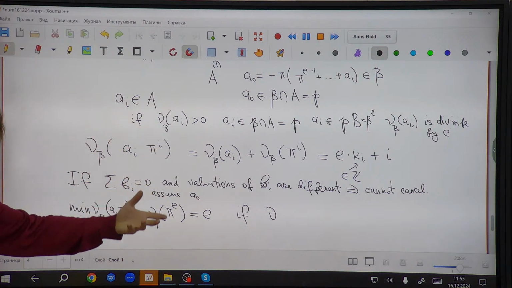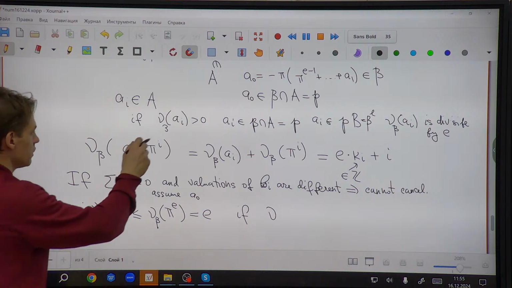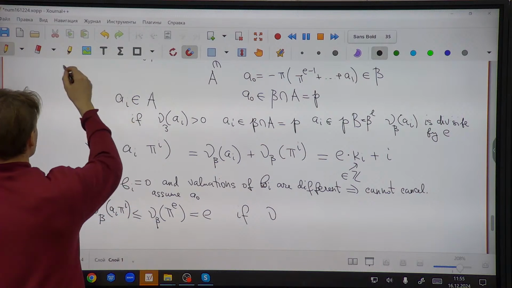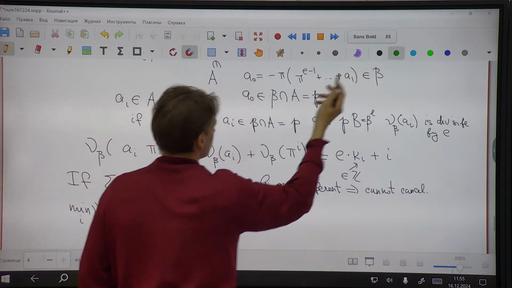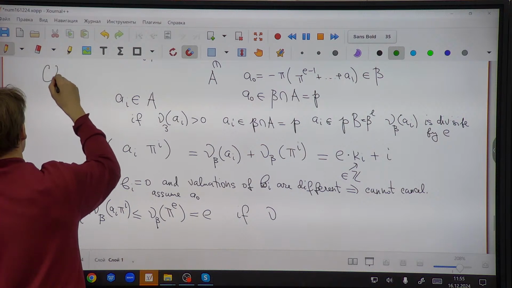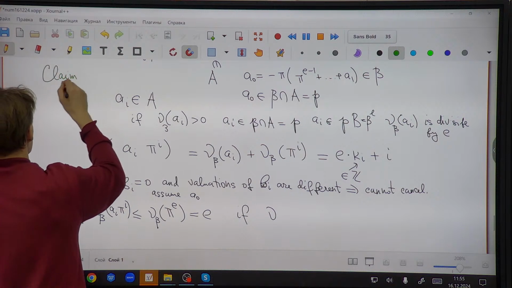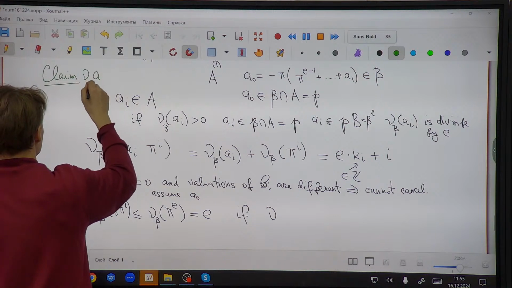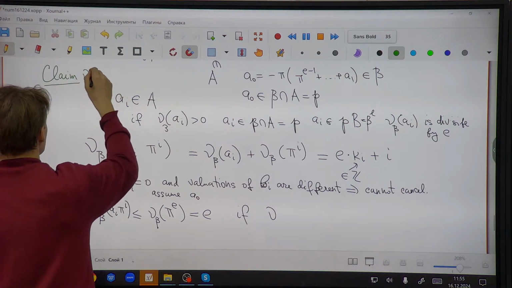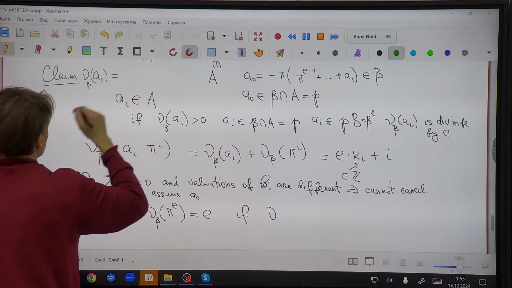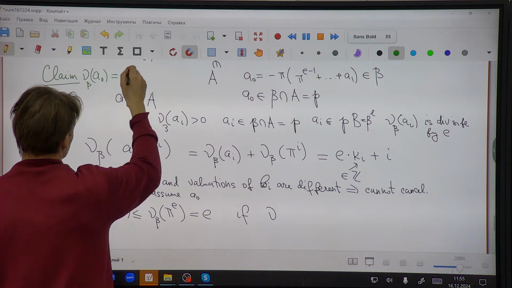I want to prove that it is an Eisenstein polynomial. Let me write the claim that I want to prove. The claim is that the valuation of a_0 with respect to beta is equal to precisely e.